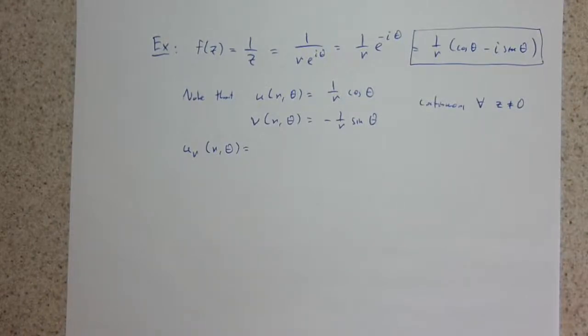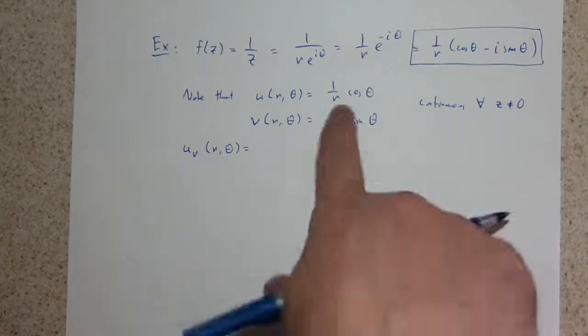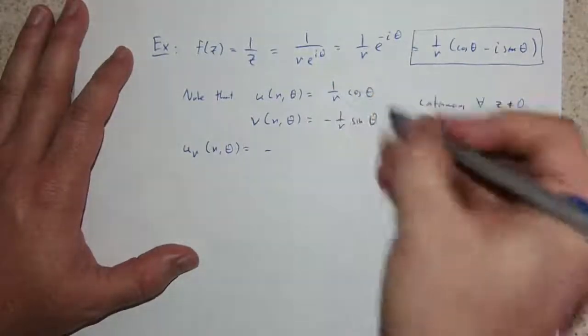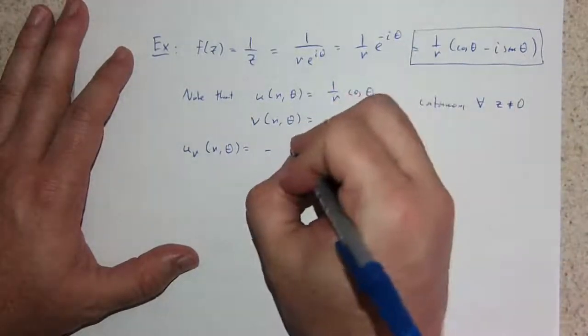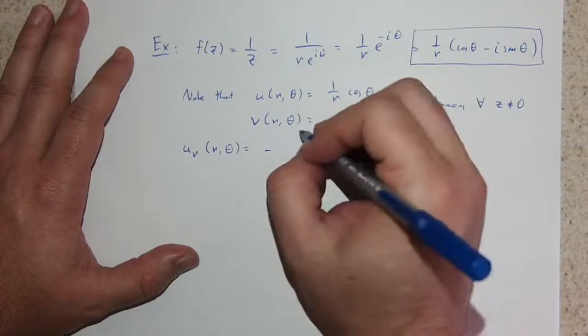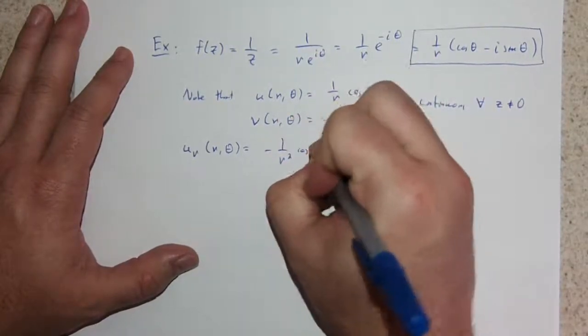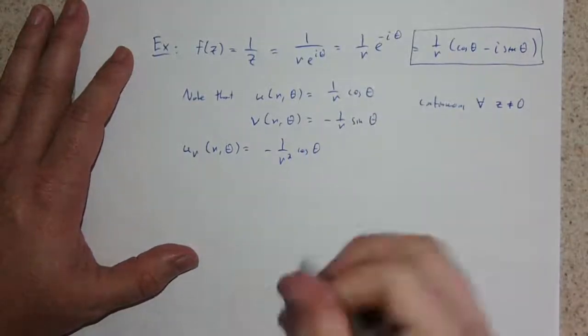Next, so what is u sub r here? This is just the derivative of 1 over r, so this is minus, since this r is the minus first, this is minus r to the minus second, so this is minus 1 over r squared cosine theta.